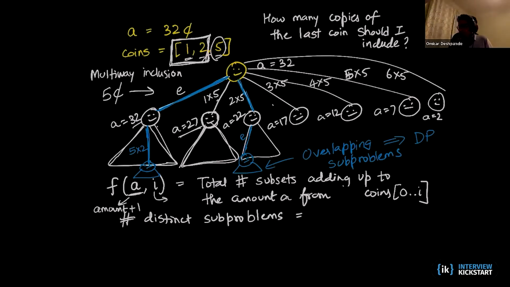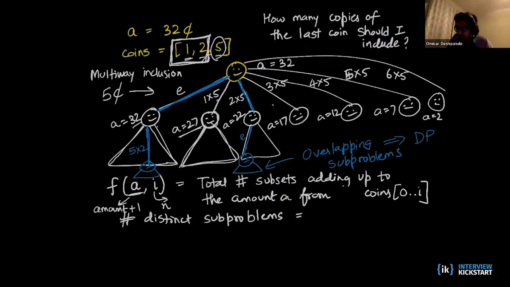How many different values are there for I? Well, if we have the coins array of length n, then the values that I can take will vary from 0 to n minus 1. So n different values. It depends on what your base case is.